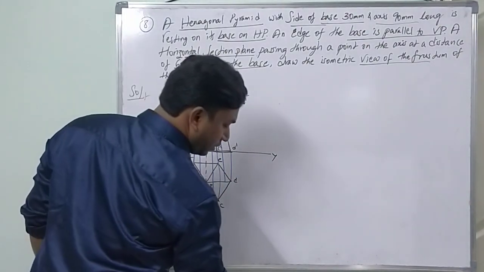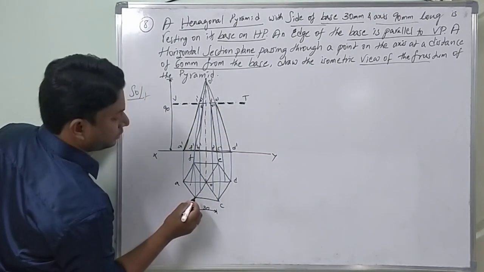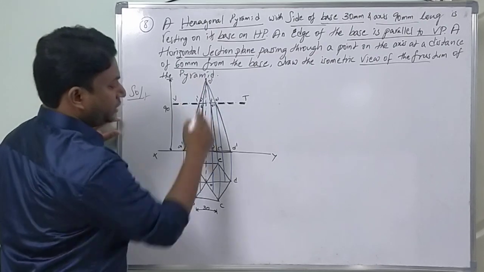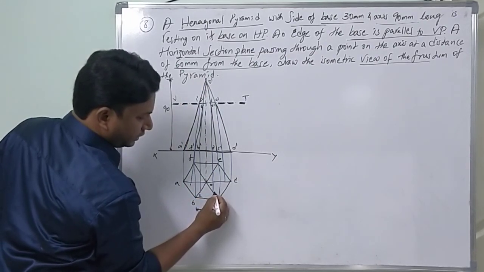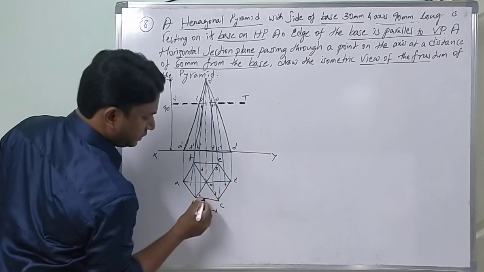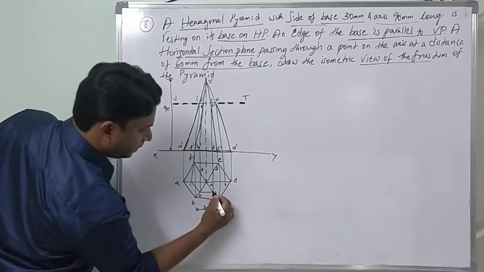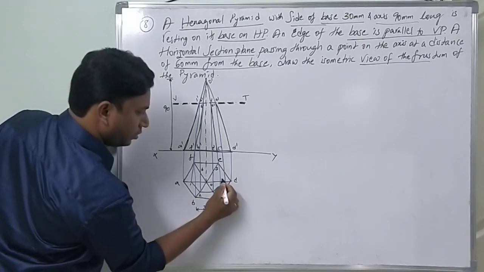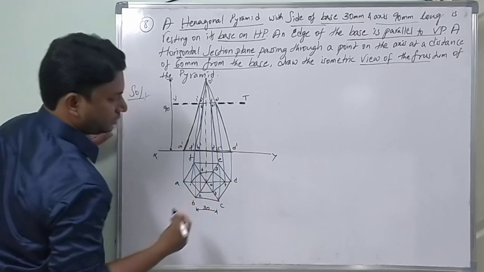Now here we got points, different points. Right, 1 dash here, 1, 2 is on B. Then 2, 3, 4, 5, 6, and the edges 1 2, 2 3, 3 4, 4 5, 5 6, 6 1.